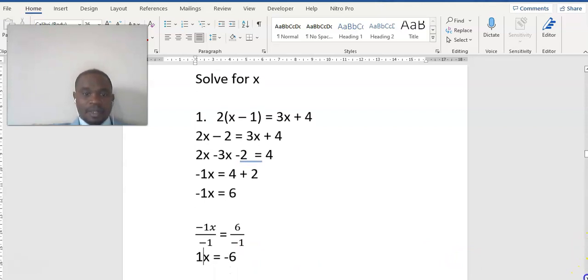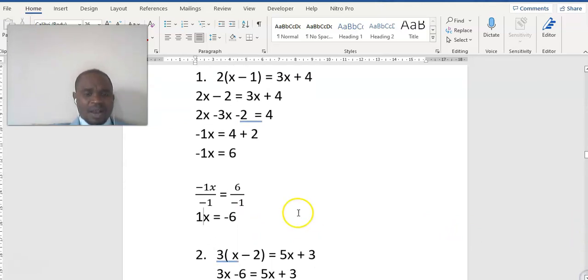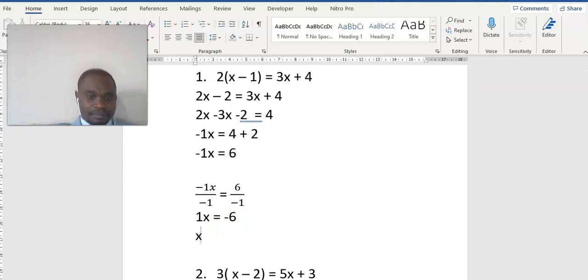Good. Now, anytime you have 1x, another way of writing it is x. So it's going to be x is equal to minus 6.